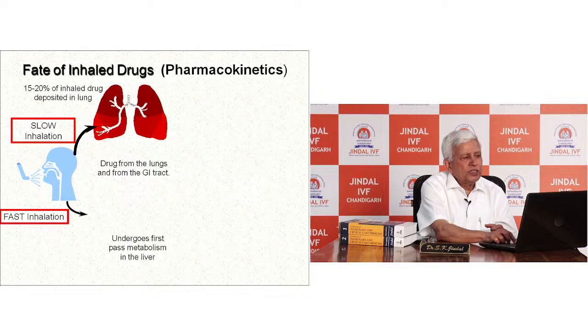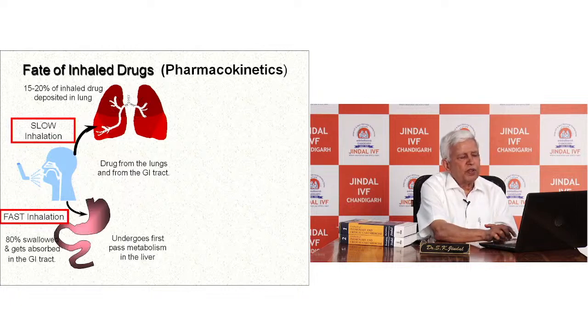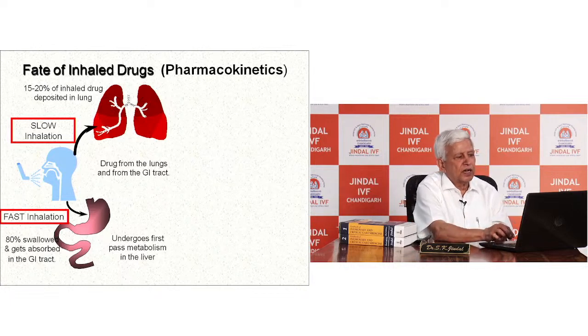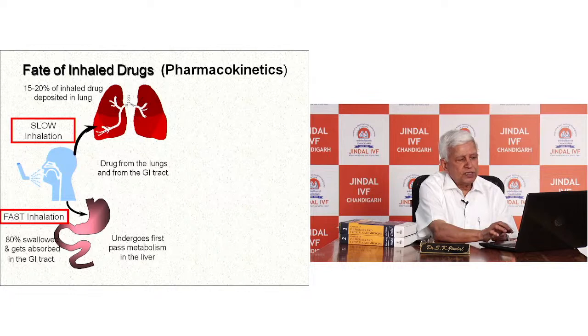Now, one important thing is to see the pharmacokinetics of inhalation, which I had just mentioned earlier. Importantly, you can see here in the middle diagram, the blue, once there is a slow inhalation, the drug goes into the lungs directly, but only 15 to 20% of the inhaled drug is deposited in the lungs.